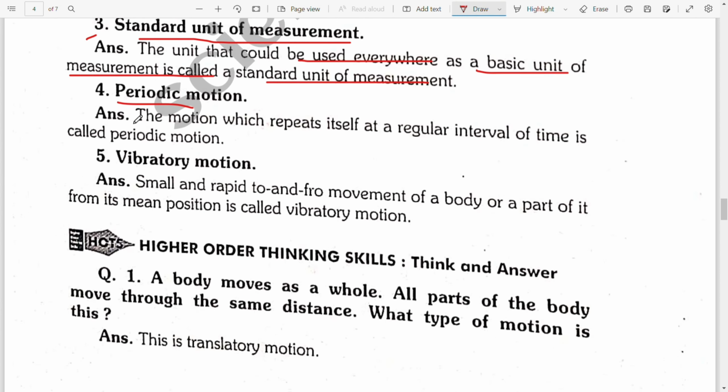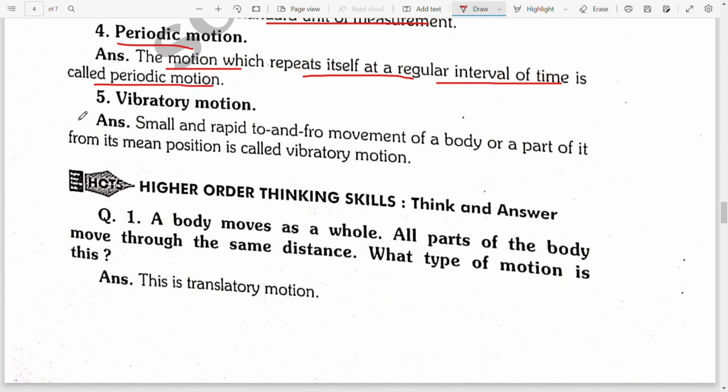The motion which repeats itself at regular intervals of time is called periodic motion. Fifth, vibratory motion. Vibratory motion is the small and rapid to and fro movement of a body or a part of it about its mean position.